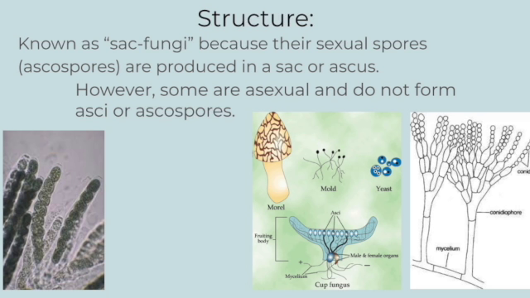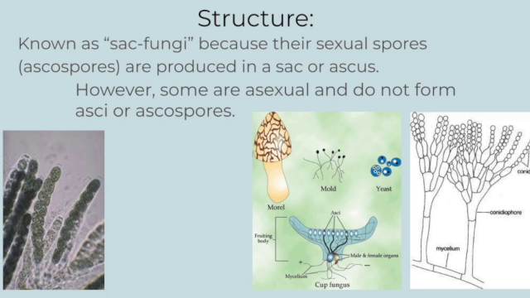They are called sac fungi because of their sexual spores. These are ascospores, actually, and they're produced in a sac or ascus, as we see in the bottom left-hand picture. They're in a little sac, and those who are asexual, because there are some that are asexual, do not form those ascospores or the asci.